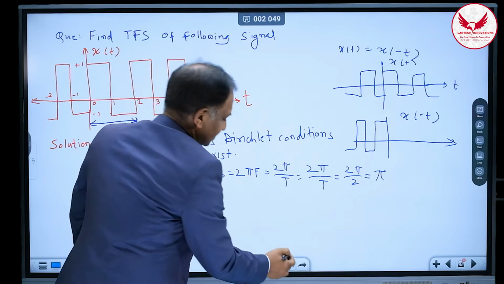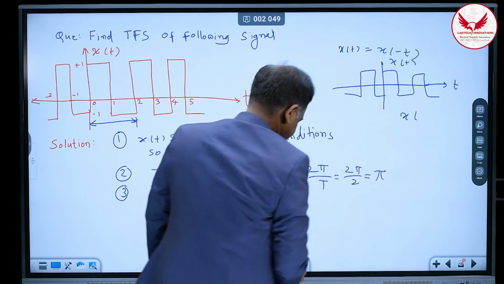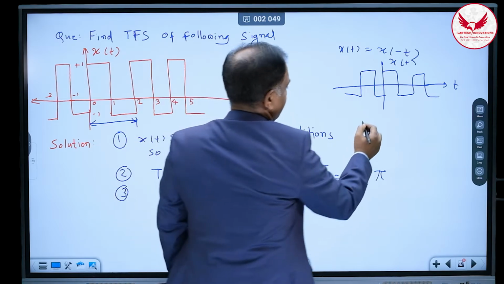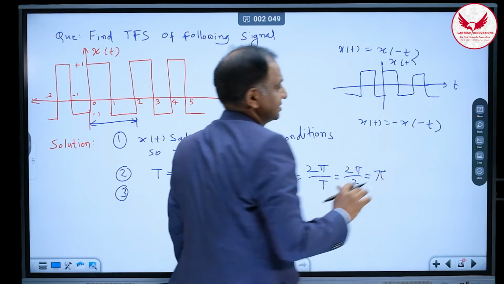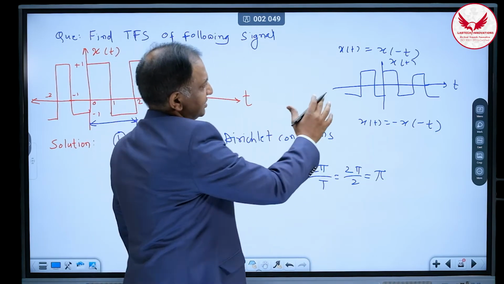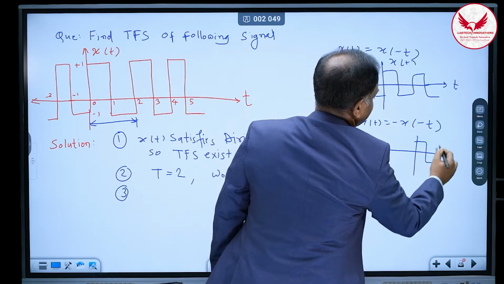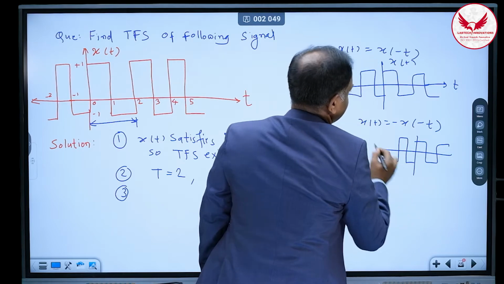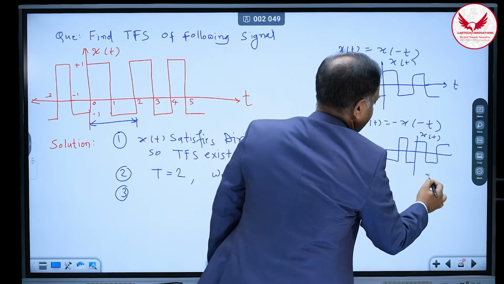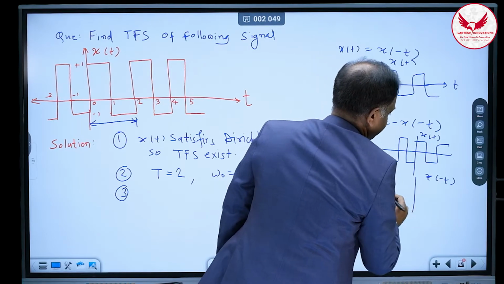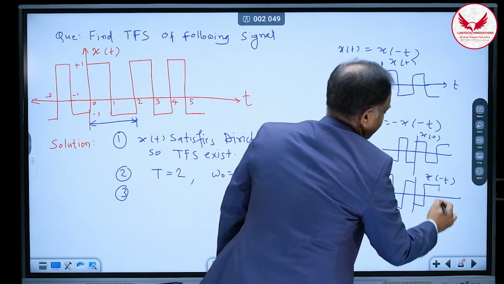Next, is the signal odd? The signal is said to be odd when x of t is equal to minus x of minus t. This is x of t. If we plot x of minus t, by folding about the vertical axis, the signal will look like this.